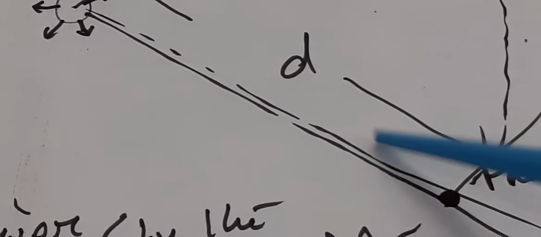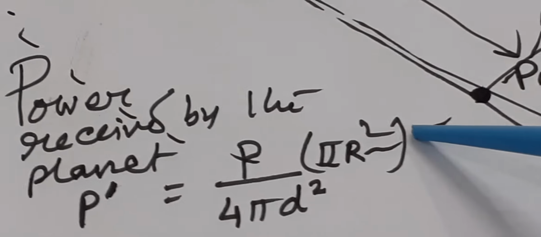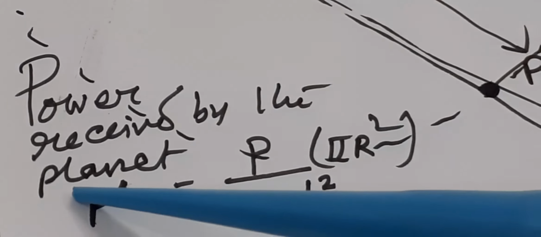That means the cross section area we can take is pi R square, where capital R is the radius of the planet. Now the power received by the planet will be P dash.